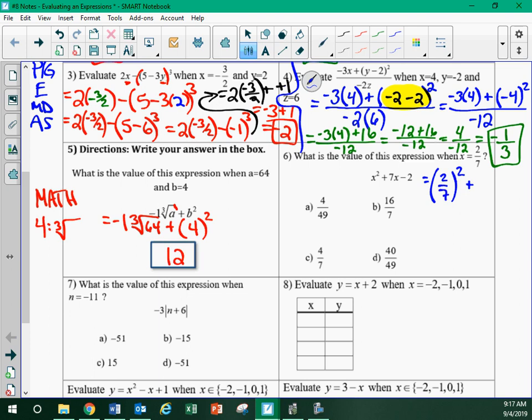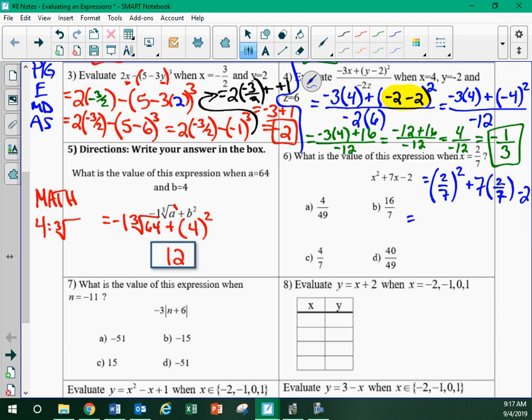Plus 7x, so 7 parentheses, and x is 2/7. And then minus 2.